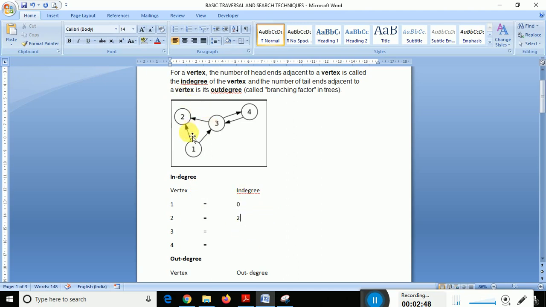Means 2 arrows are pointing to the second vertex. Next is the third. How many arrows are pointing? One arrow is from the fourth vertex and one arrow is from vertex 1. So we'll put 2, that is 2 arrows are pointing to the third vertex. And the last one is the fourth, only one vertex is pointing.